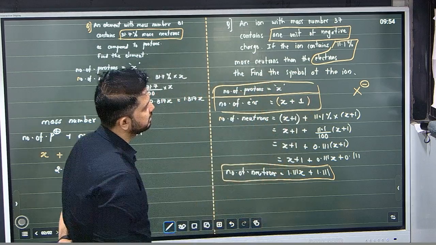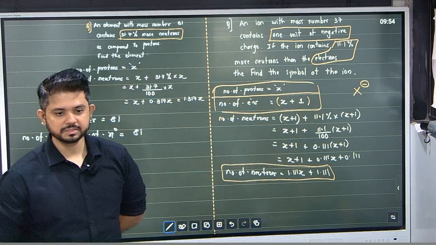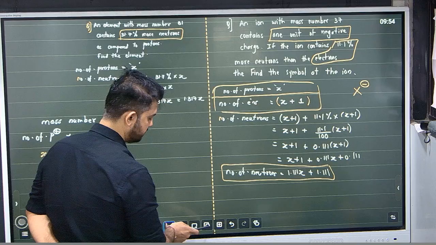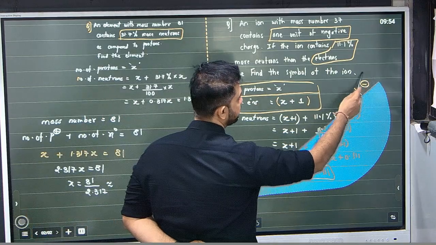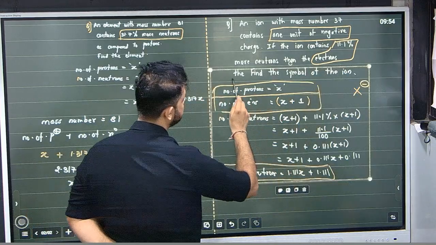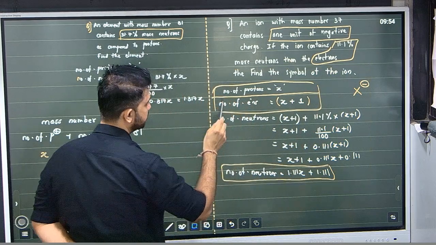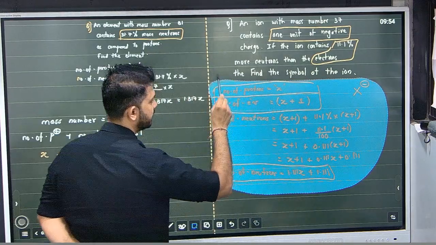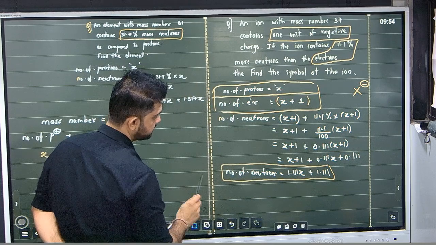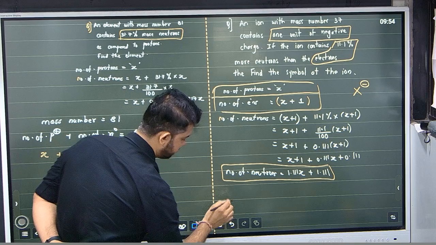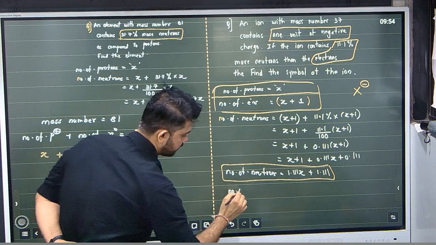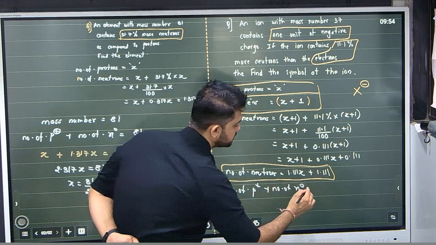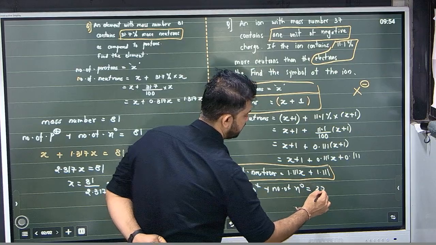And what have they given us? Mass number is 37. So what will we do? How will you use that value? Mass number 37. I repeat, how will you use that value? Number of protons plus number of neutrons is equal to 37.